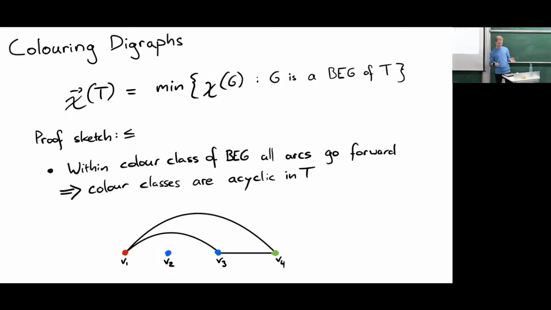Well, if I have a coloring of the backedge graph, for example this one at the bottom, because a color class is stable or independent, it must be transitive. All the edges go forward. So it's also acyclic. So any coloring of a backedge graph is a valid coloring of the tournament in the dicoloring sense.